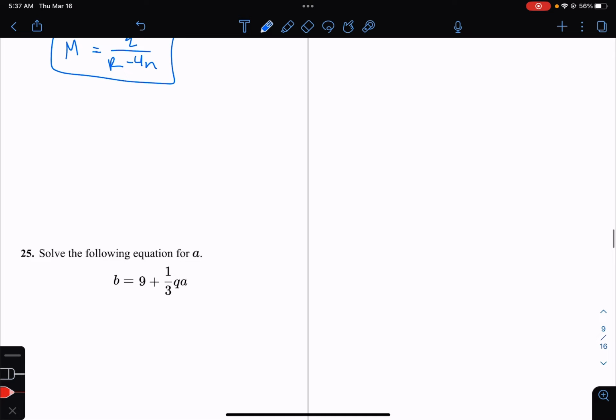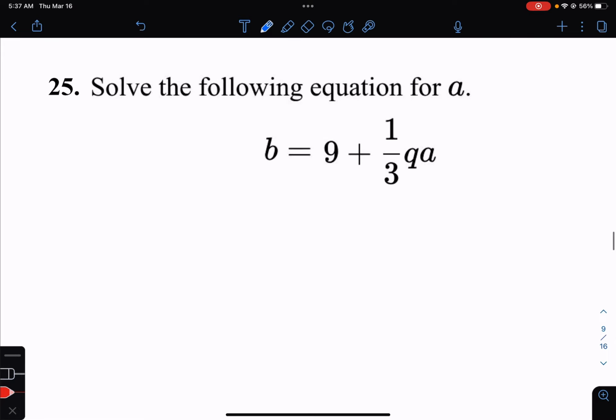All right, so for number 25, we have to get a by itself. There's a lot going on here. So first thing I would recommend doing is subtracting 9 from both sides. What you want to approach this with is the same mentality as when you were doing inverses, right?